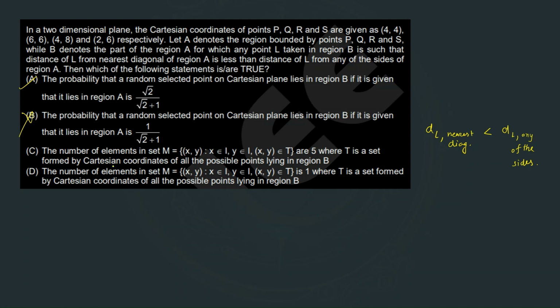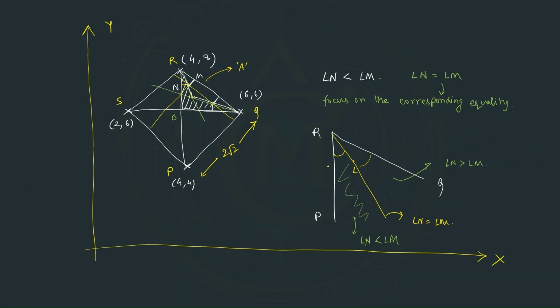They ask for the number of elements in set M equal to x comma y such that x and y are integers and xy belongs to the region T. So what is T? T is a set formed by Cartesian coordinates of all the possible points lying in region B. Okay.